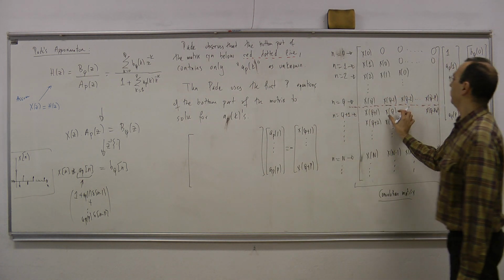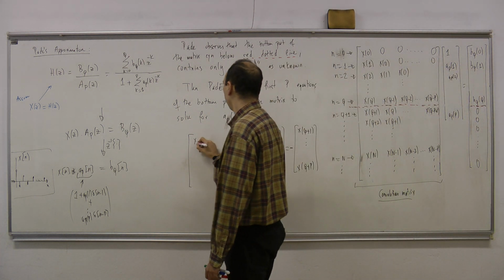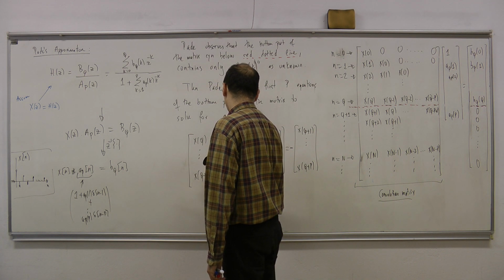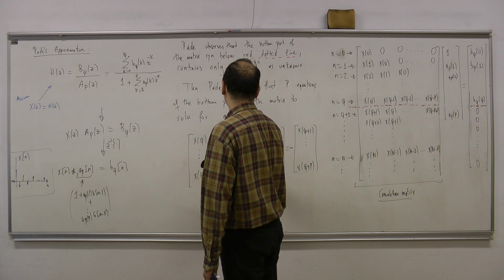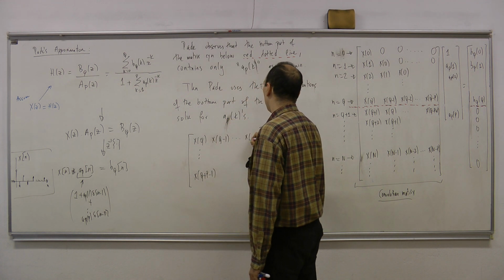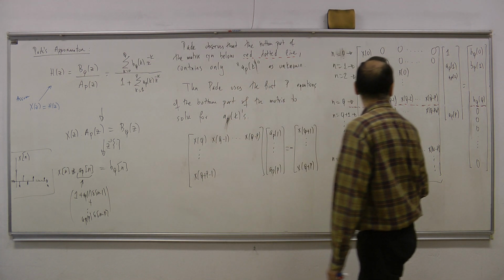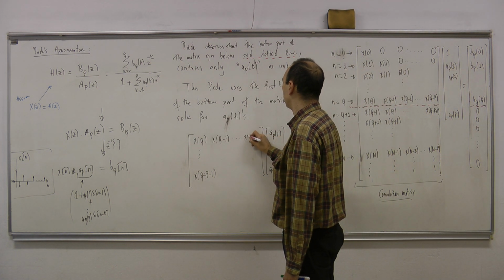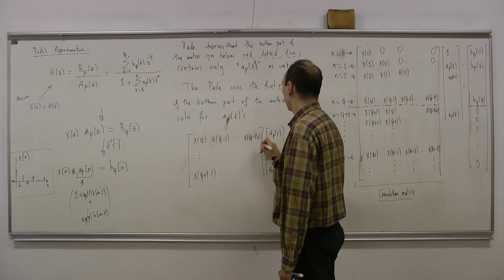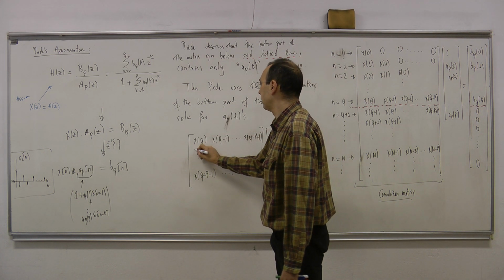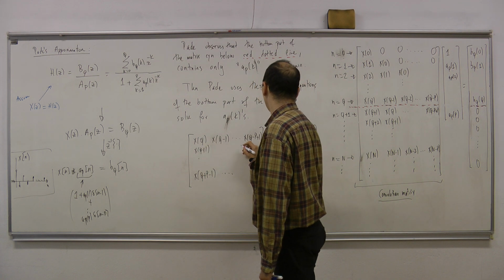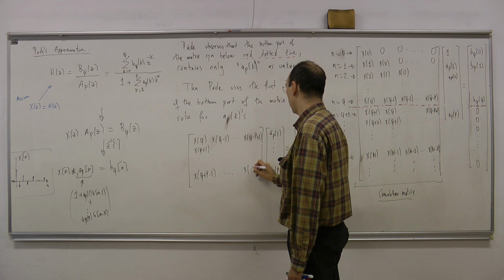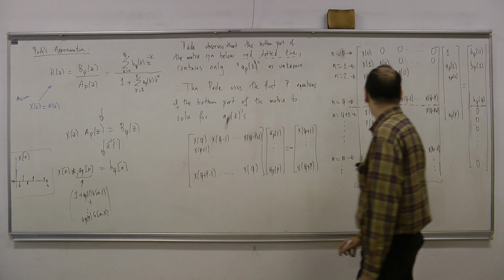Then a_1 is multiplying x[Q], x[Q minus P plus 1], sorry, and one more x[Q+1], and this is P minus 1, x[Q].